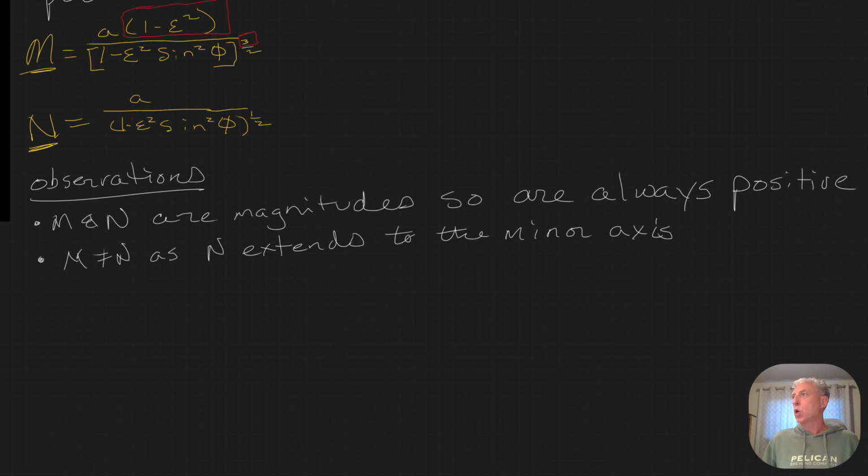And so n extends to the minor axis while m does not, except in the case where it's along the spin axis of the Earth, then it's part of the minor axis itself. So the whole thing is the minor axis. You can't really say it extends to the minor axis. But in specific, except for the case where m is parallel to the spin axis, m does not equal n, and n extends to the minor axis.